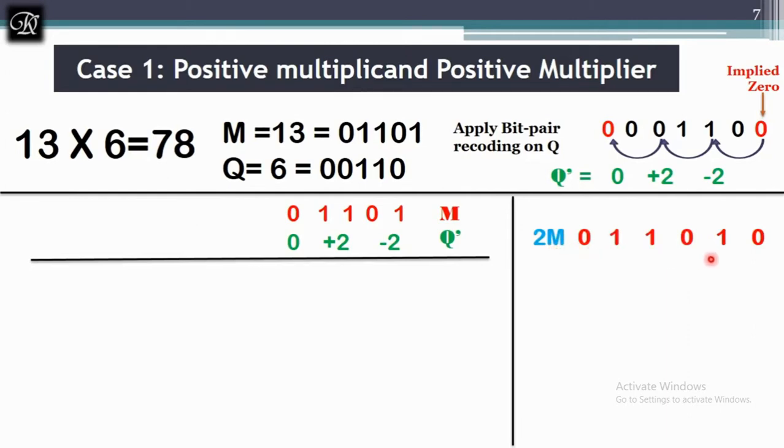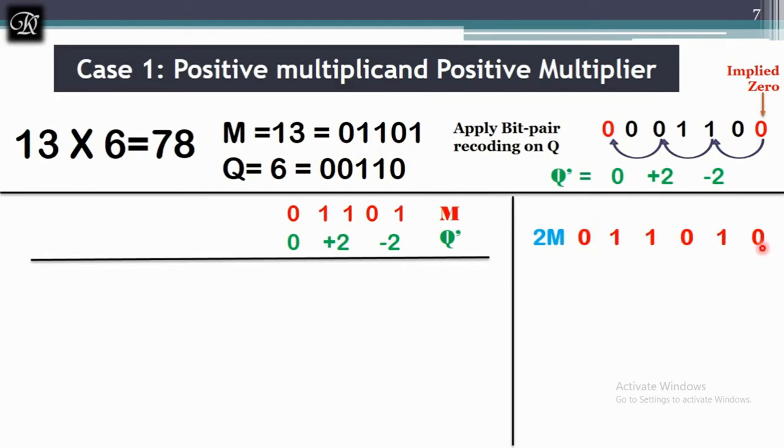Either you multiply that by 2, or the simple technique is, you can see here this is 1 1 0 1. Ignore this part now, don't consider it. Only consider 0 1 1 0 1. This is 13. So add an additional 0 at the LSB, and that will become 26.